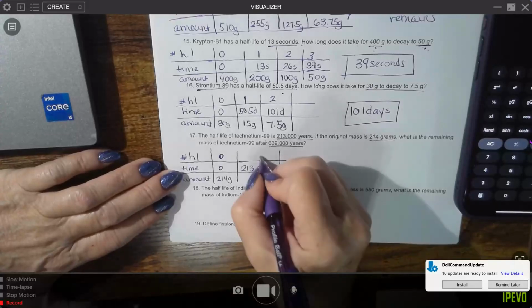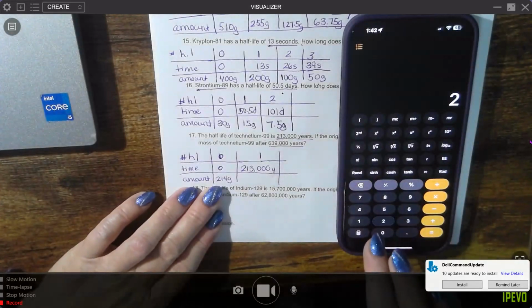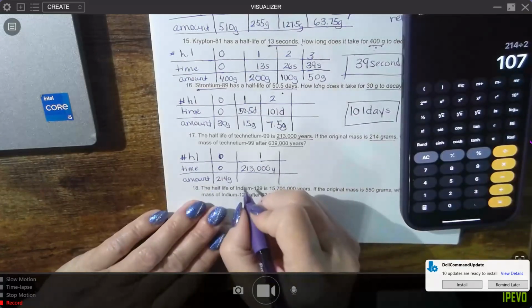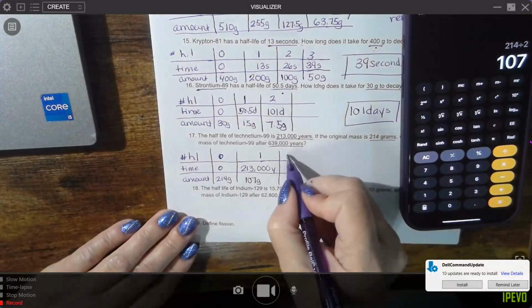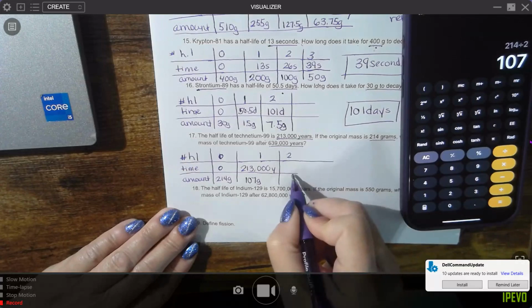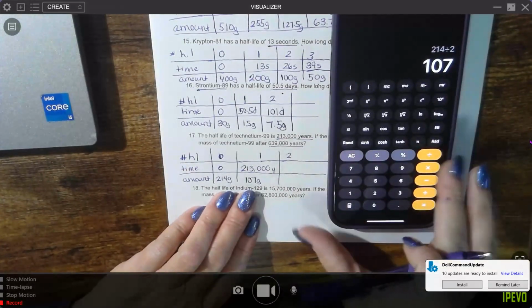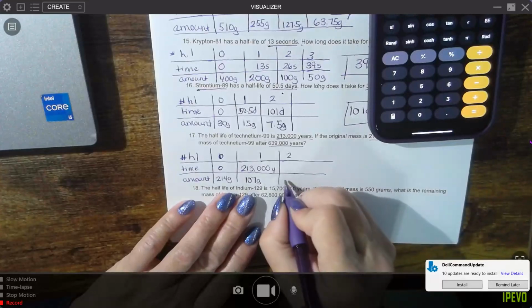After one half-life, we take 214 divided by 2. We would have 107 grams left. After two half-lives, how much would we have left? I'm going to go ahead and divide, since I've already got my number here. Divided by 2 is 53.5 grams.